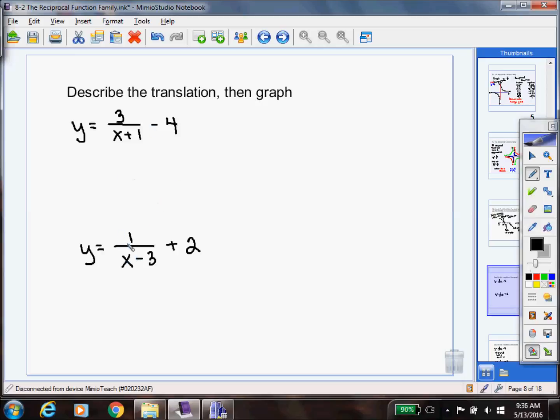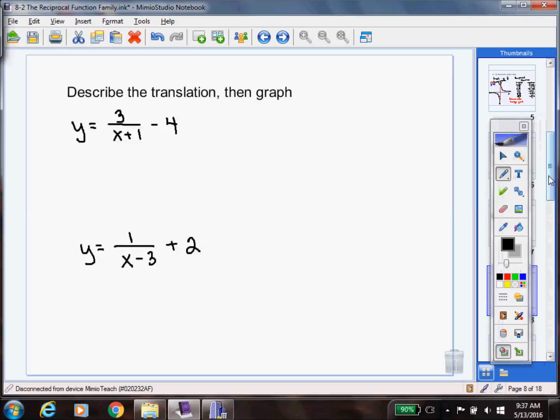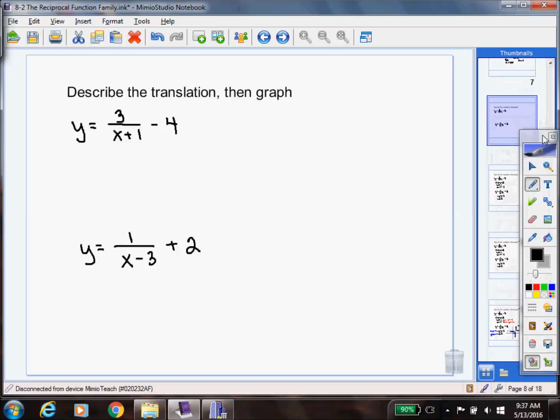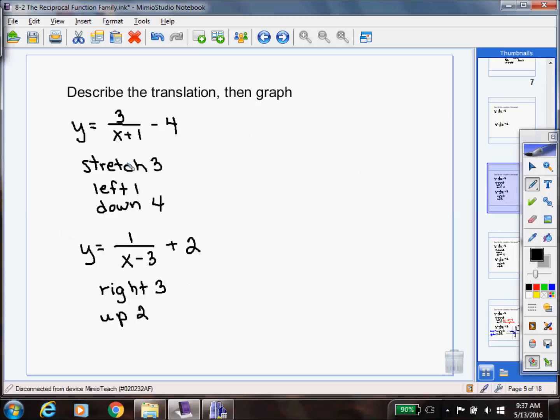What does the 1 do? What does the negative 3 do? And what does that 2 do for you? And hopefully you did remember that the 3 would move it right 3 and then up 2.